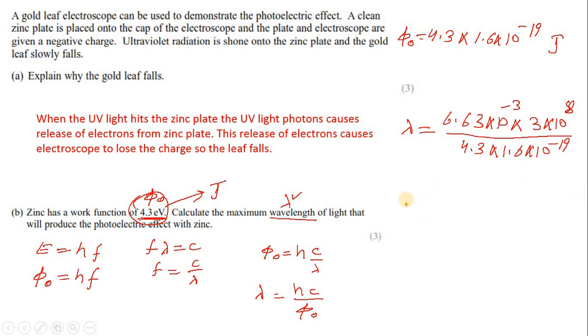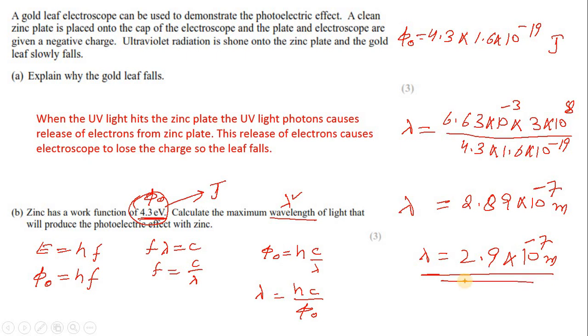And you solve this for lambda, so lambda would be equal to 2.89 into 10 to the power minus 7 meter, or you round it off, so lambda is equal to 2.9 into 10 to the power minus 7 meter. This is the wavelength.